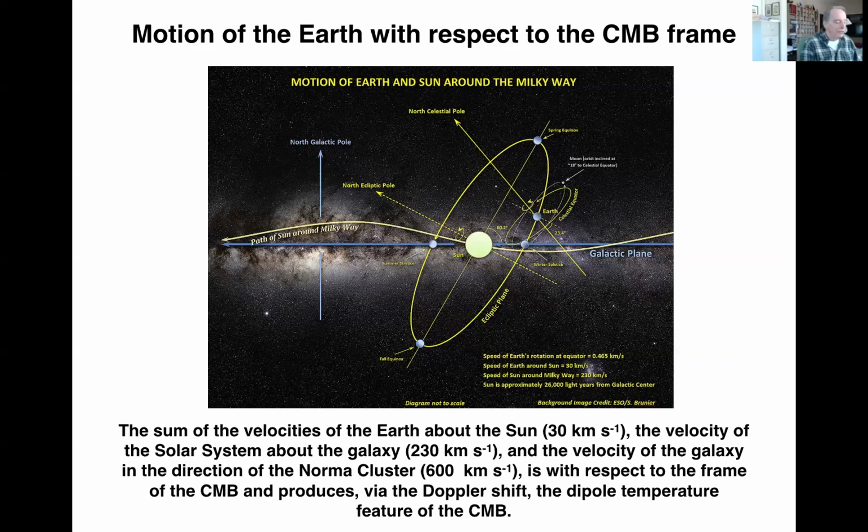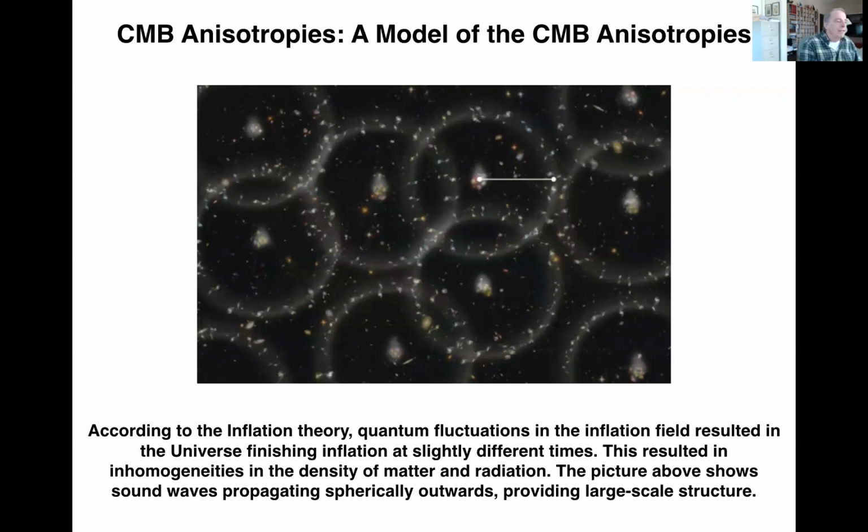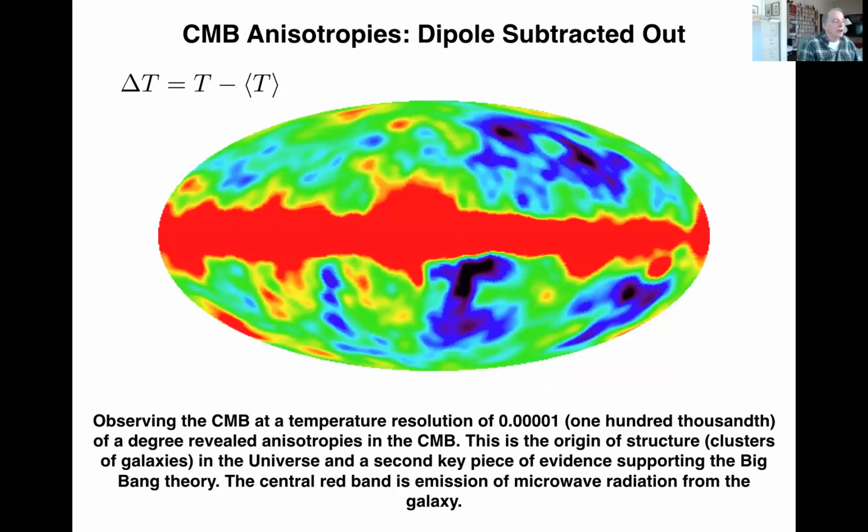So if you want to see any further structure, if there is any, then you have to subtract this dipole component, which is mainly a Doppler effect due to the Earth's motion. Well, if you subtract that out, then you'll see structure. It's not completely uniform.